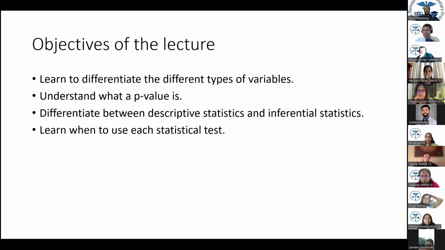Those are not the same, and they can be a whole different perspective when you're writing your paper or conducting your study. And finally, learn when to use each statistical test.